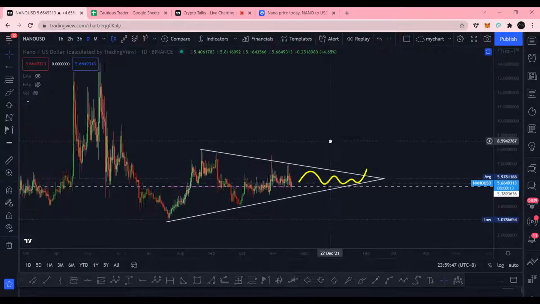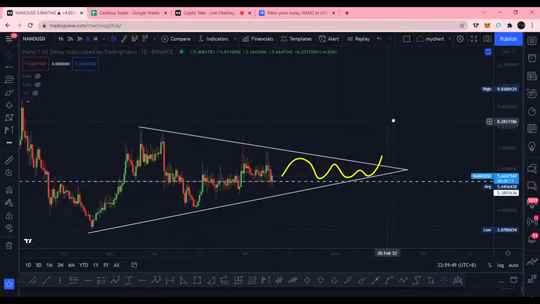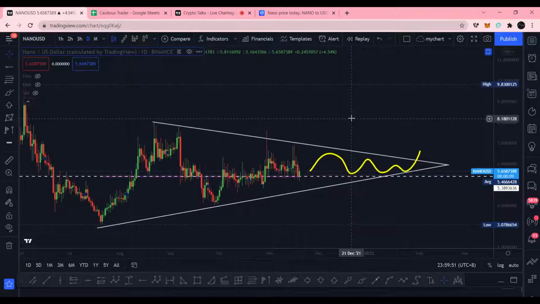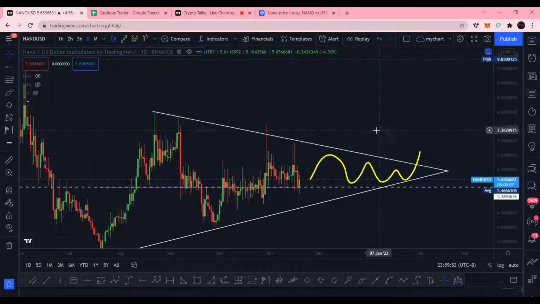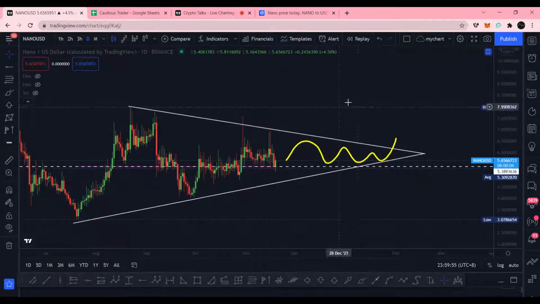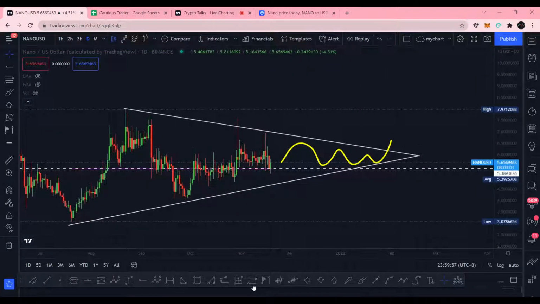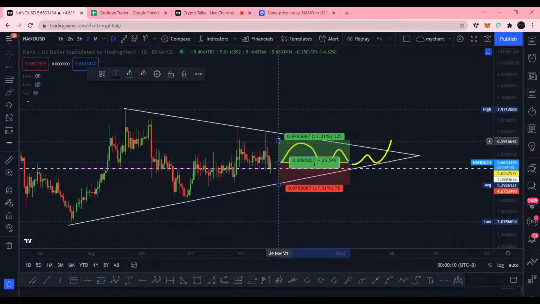But anyway, if this is just short term, I don't know if there is a Nano perpetual contract. I think there is none. I haven't traded it yet. So I'm going to measure my possible risk reward if I trade within this triangle range.